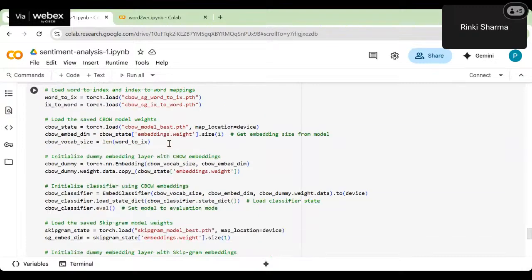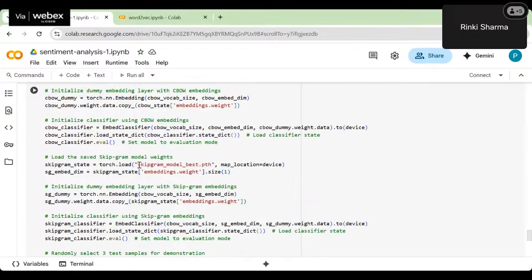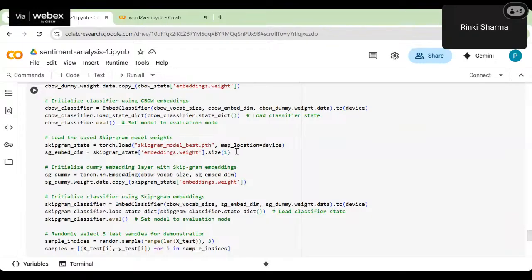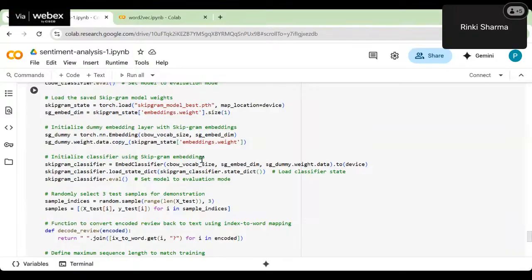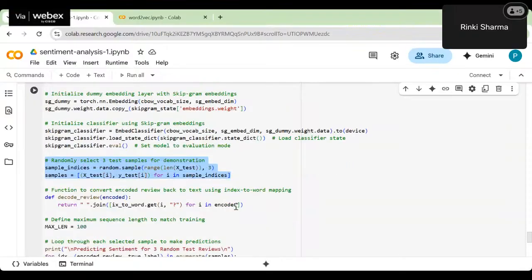We choose 3 random samples of movie reviews from the test data, and we try to predict the output for the chosen 3 samples using the CBOW model and skipgram model, just in order to evaluate the performance of these two models.